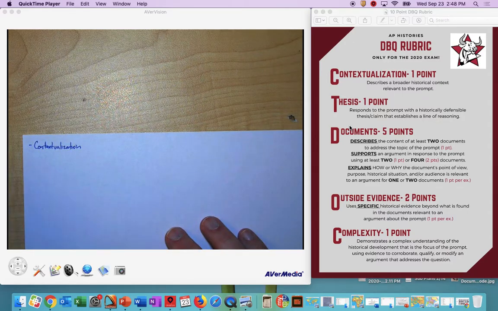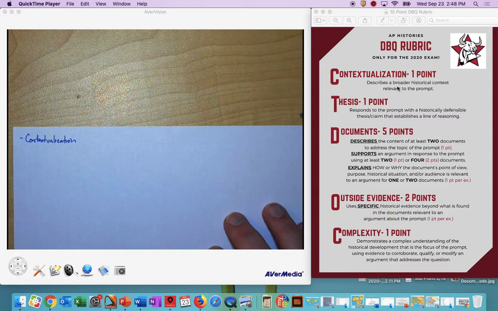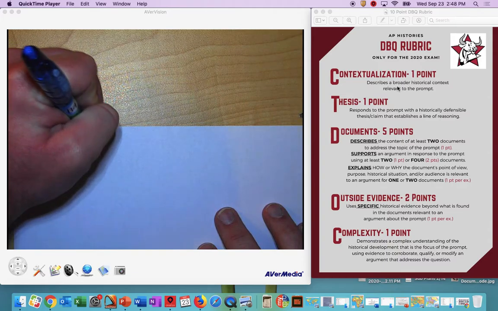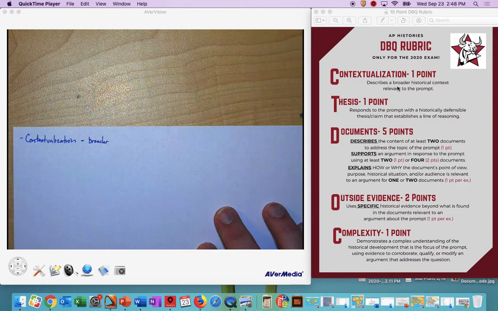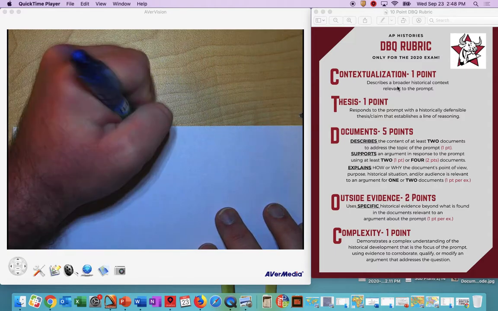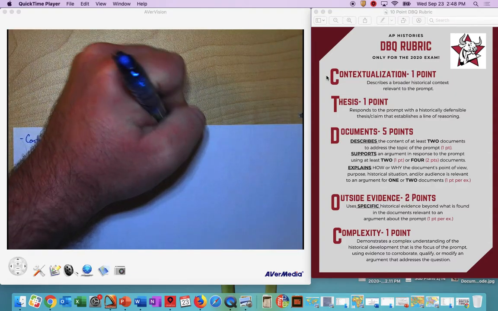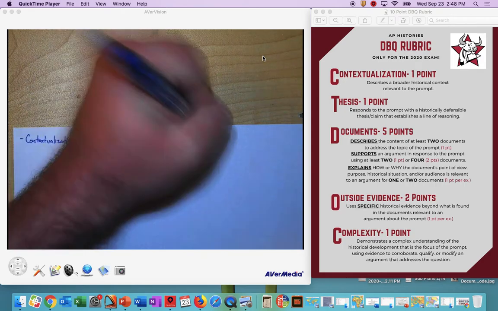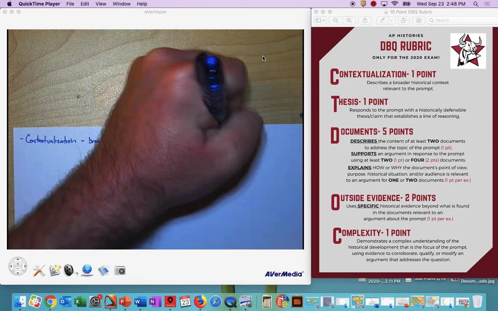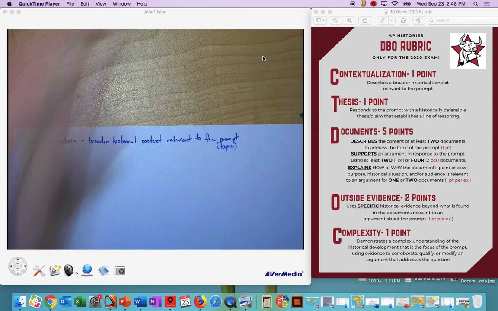What the rubric says, and everything over here is exactly what the rubric says, is that the contextualization asks for the broader historical context that is relevant to the prompt, or the topic of the DBQ.